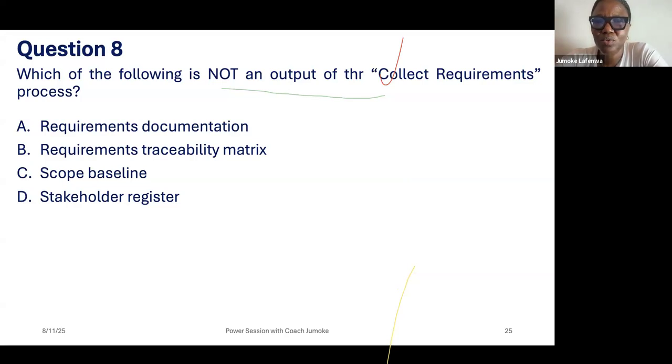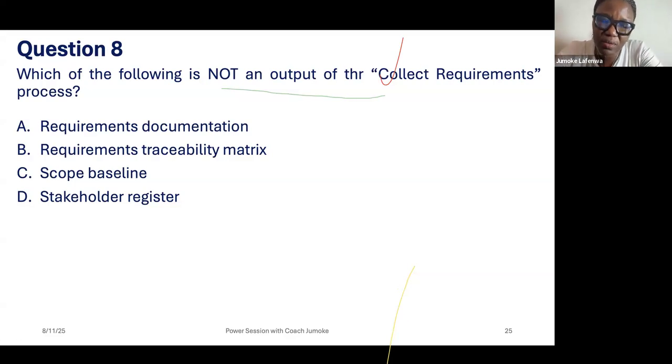Can somebody tell me why they chose the answer they chose?